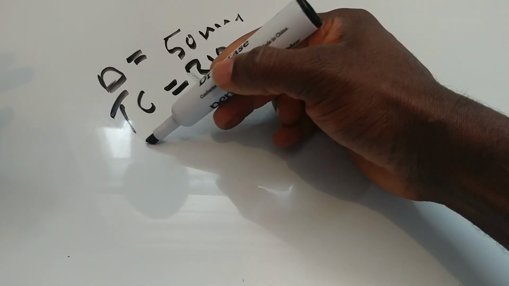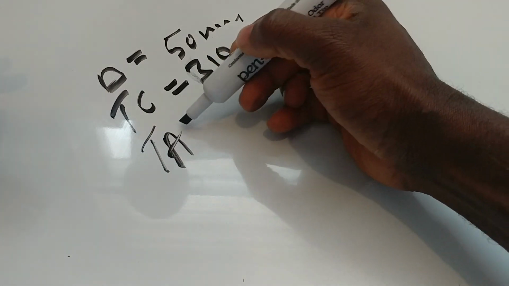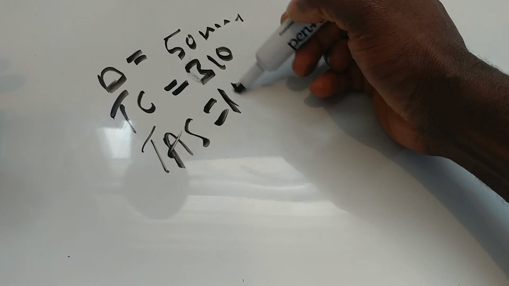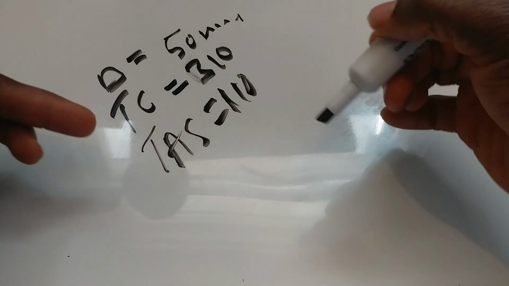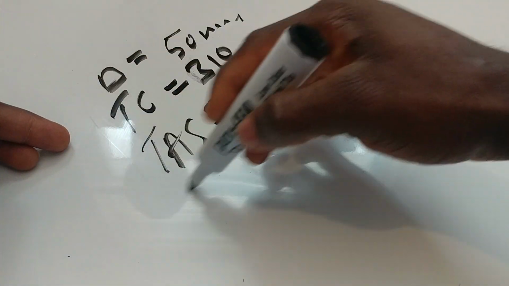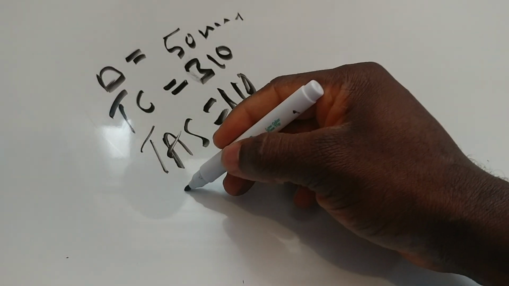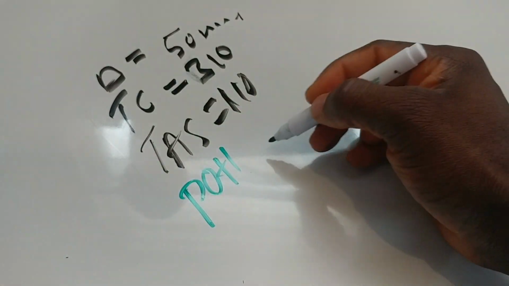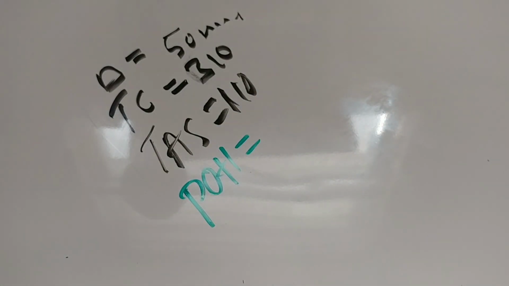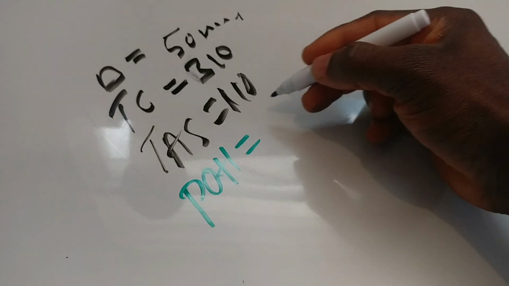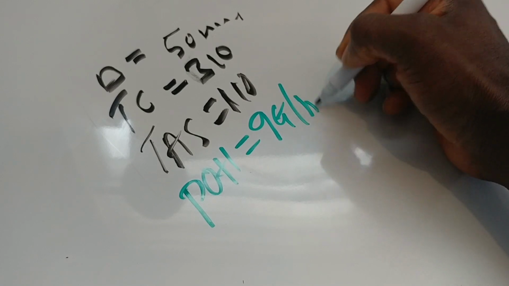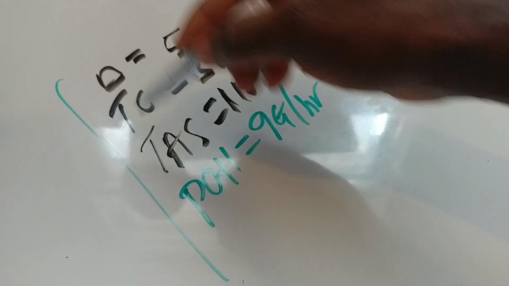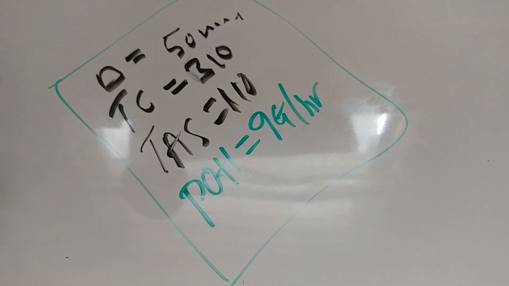So your true airspeed is 110 knots. Now, we have this information. Then you go to your POH. Your POH for the airplane is going to tell you that your airplane consumes about maybe 9 gallons of fuel per hour. So you need this information to get all the job done.